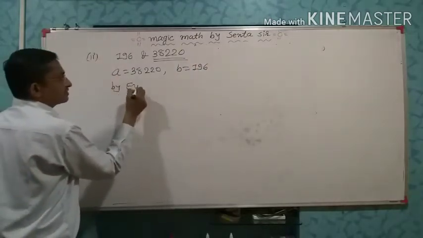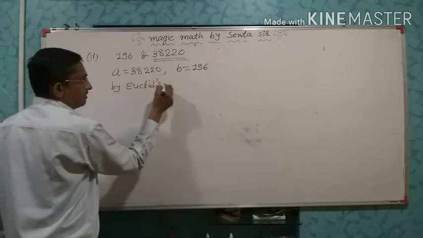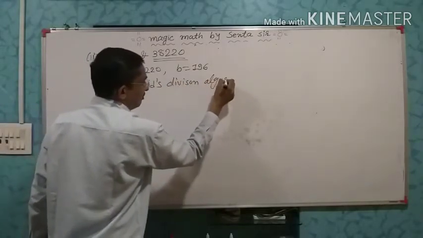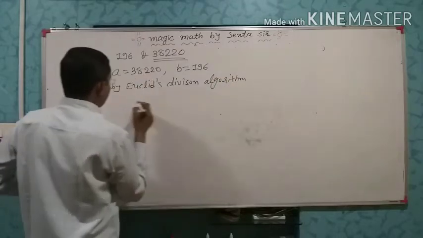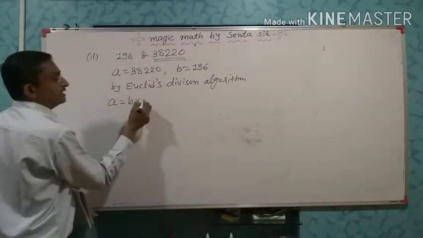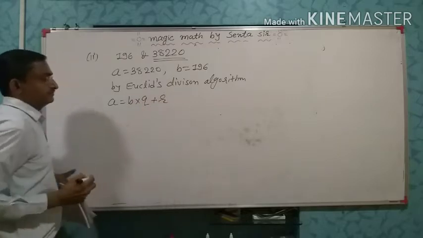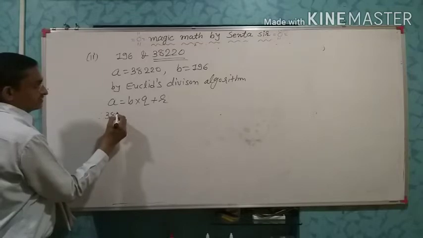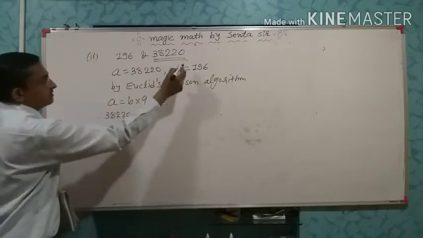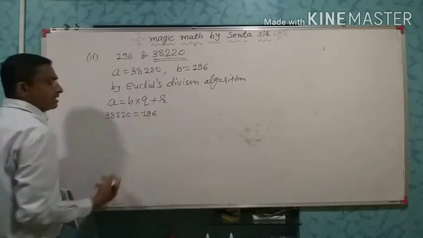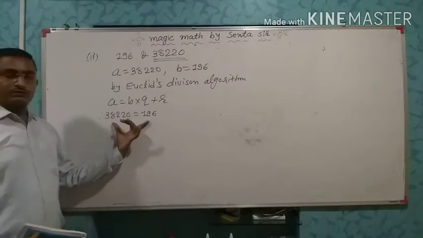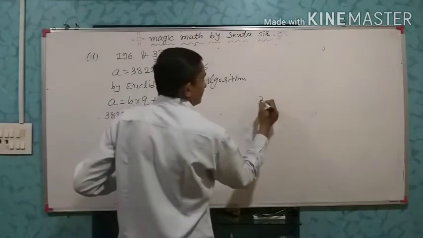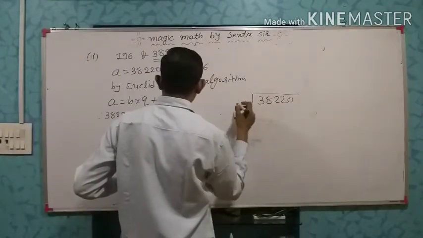By Euclid's division algorithm, A is equal to B into Q plus R. Therefore, A means 38,220 is equal to B means 196. Now we take division of these two numbers and get quotient and remainder.